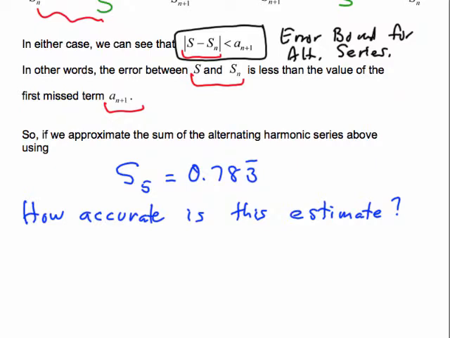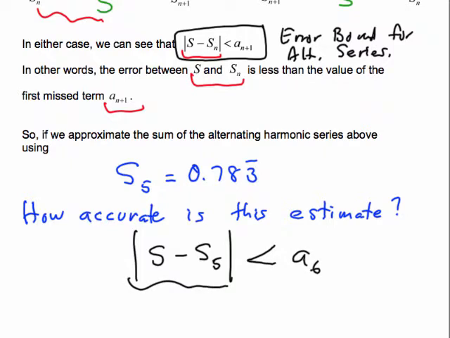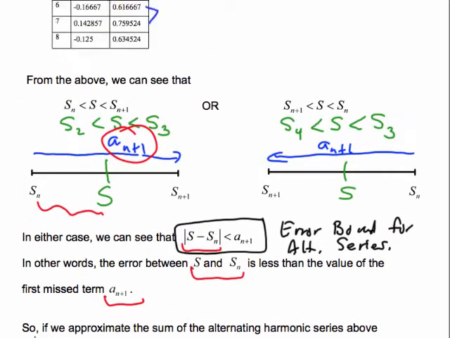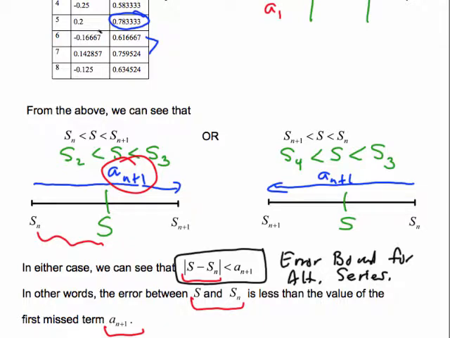We can use our error bound to find out. So we can't find the actual sum S, but we know that S5 is this value, and we know that this error will be smaller than the 6th term of the series. And the 6th term of the series, looking back on our table, is 0.16 repeating.